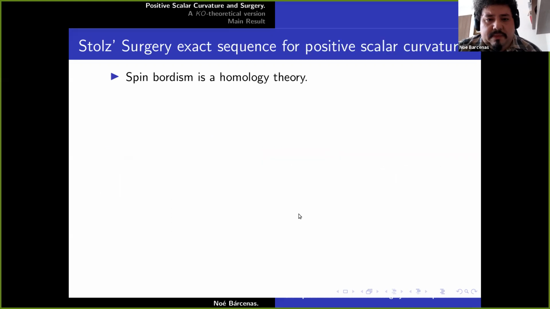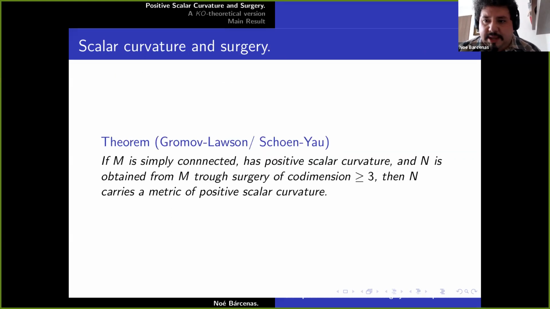So in the simply connected case and in high dimension, in order to do a surgery of codimension greater than or equal to 3, you need dimension at least 5. So the question whether a manifold admits a metric of positive scalar curvature is completely a matter of spin Bordism.